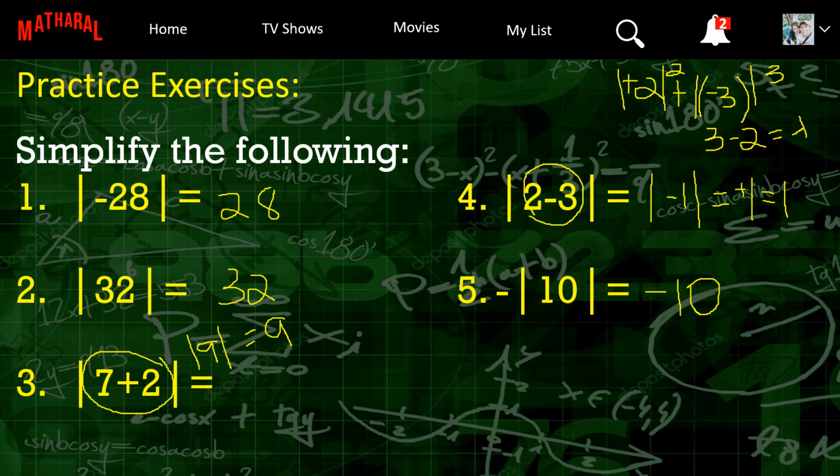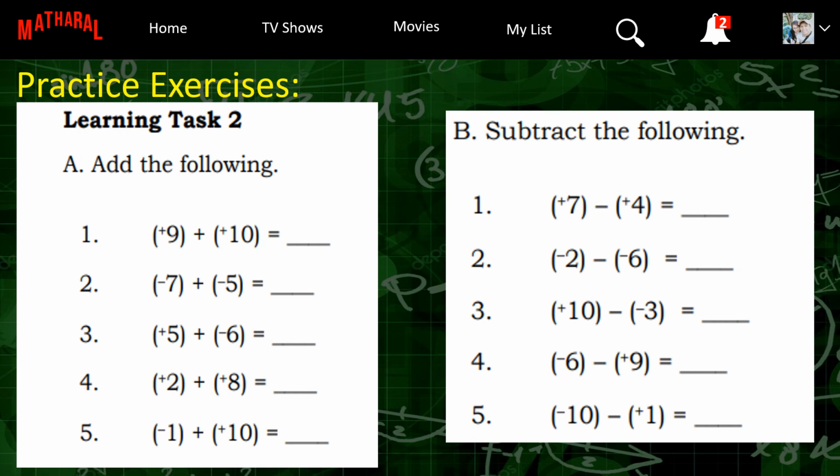Okay. Moving forward. This is the learning task 2 that is assigned to you. So, for learning task 2 letter A 1 to 5, we're asked to find the sum of these two integers. Positive 9 plus positive 10 is positive 19. Positive 7 plus negative 5 is negative 12.